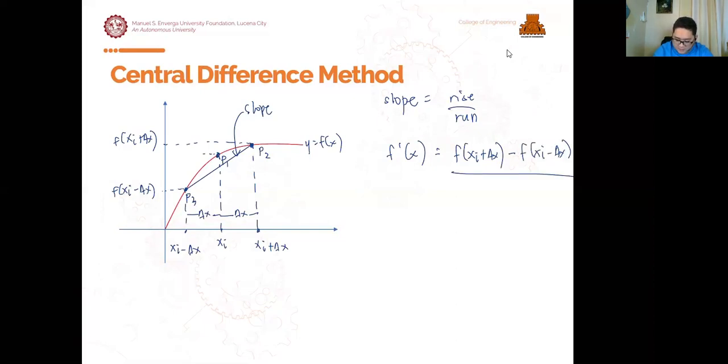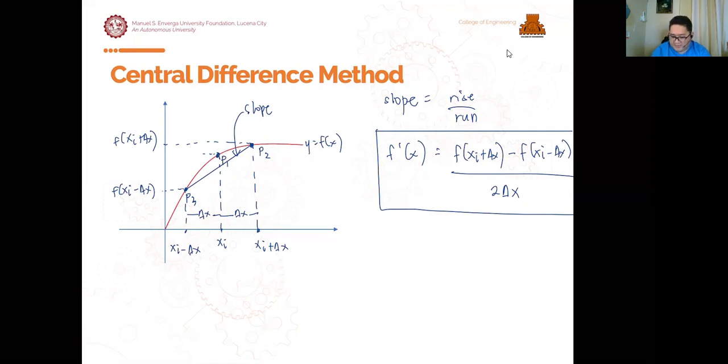So yung 0.3 magta-travel papunta kay 0.2 ng ilang beses na delta x? Dalawa. Okay? So kaya ang nasa solution natin 2 delta x. Okay? So ito na yung magiging general definition ng central difference method. And yan na yung tatlong formulas natin to use or to approximate yung mga derivative ng functions natin. Okay?